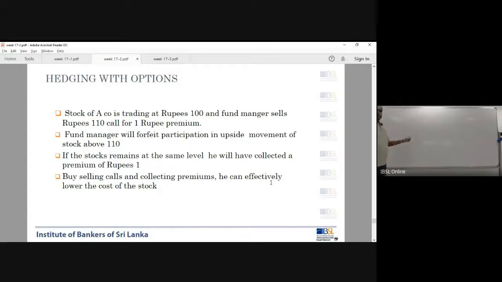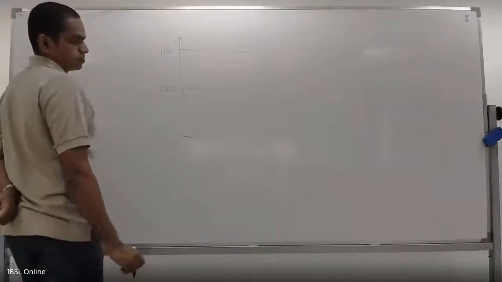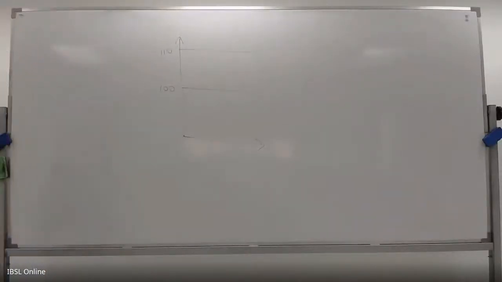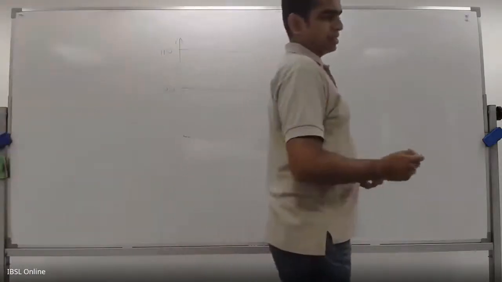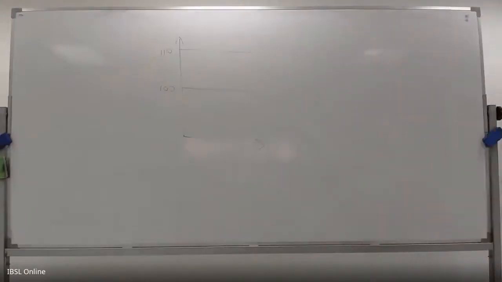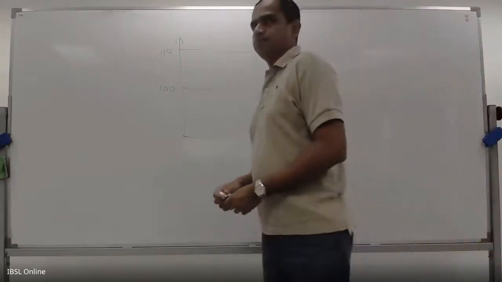Current price is 100, and he has sold call options at a strike price of 110. So if he has sold call options, that means if the market goes above the strike, the buyers of those call options will exercise their right, and they will buy shares of A at a price of 110.